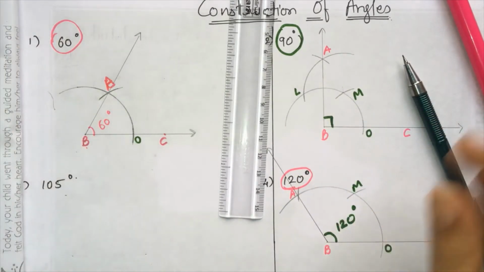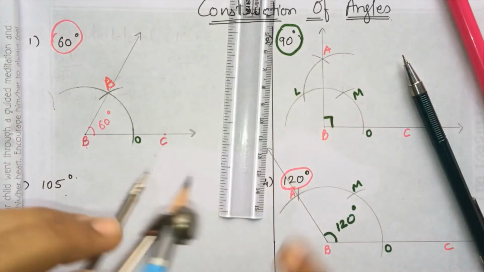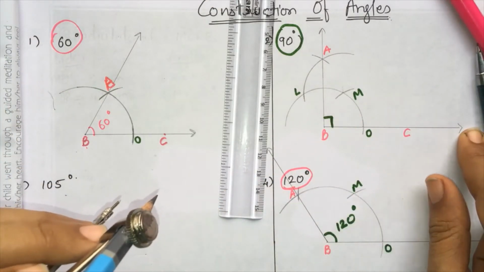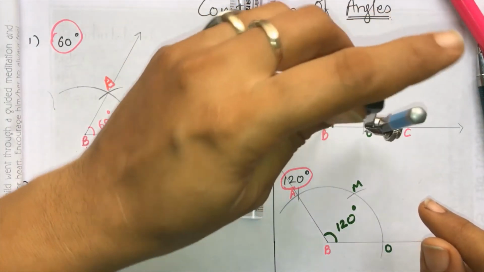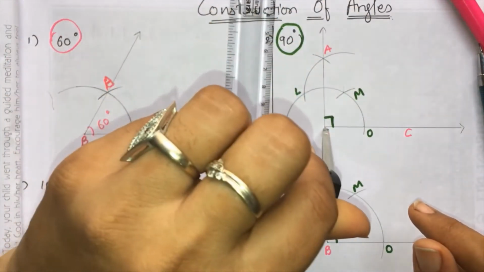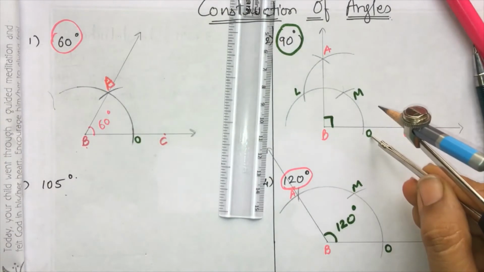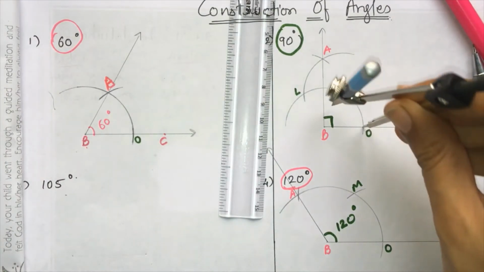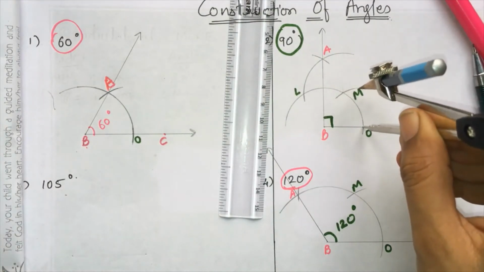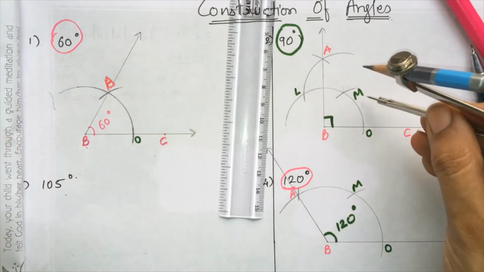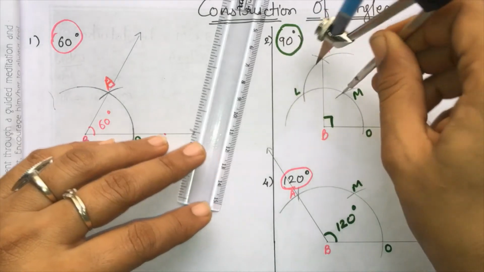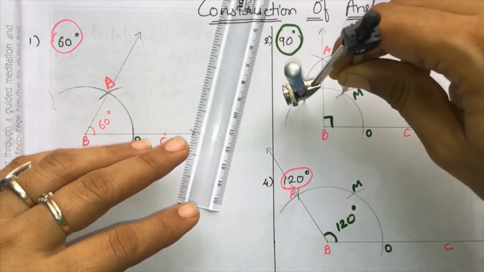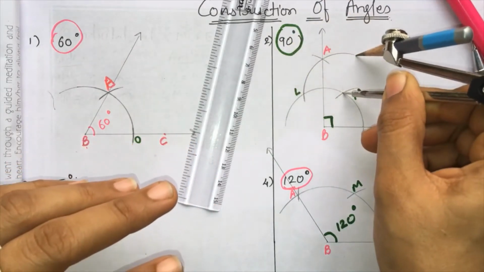For 90 degree, again I am repeating, check what we have to do. BC first we will draw, then taking a random radius we will put the first arc, then we will name this point O. From O we will put the second arc, this point of intersection we will name M. From M we will put the third arc which we can extend like this.